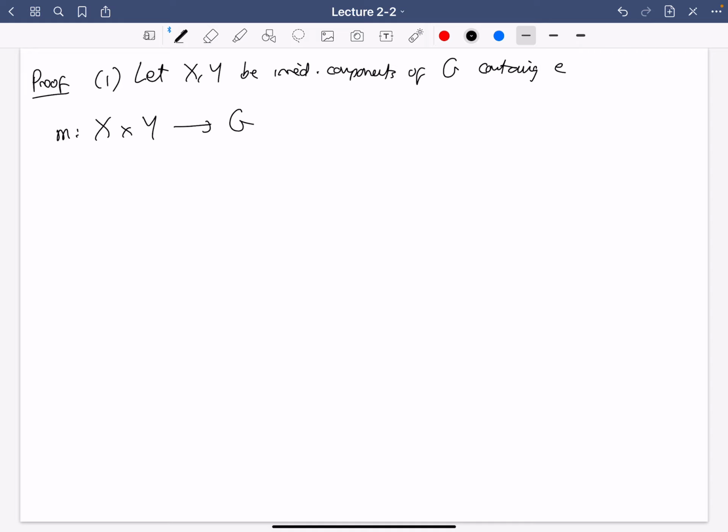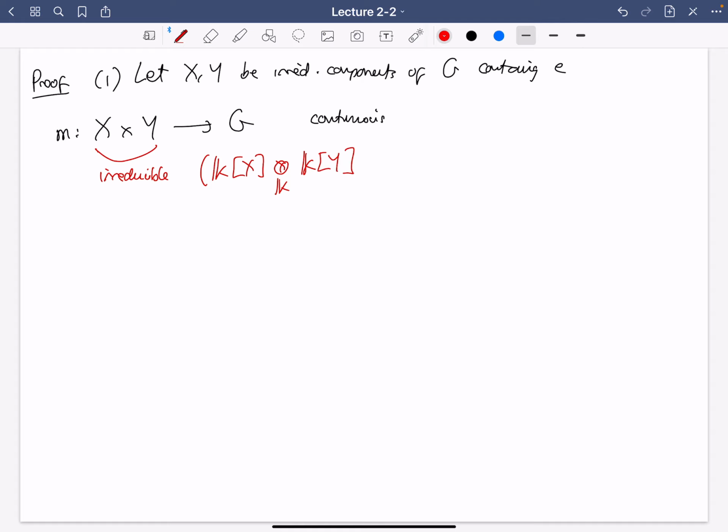That's just the restriction of the multiplication in G. It gives us a morphism of varieties, so a continuous map in particular, from X cross Y to G. Now, X and Y are both closed in G, and they're irreducible. So those are irreducible affine varieties. And I haven't said this before, but the product of two irreducible varieties is again irreducible. So X cross Y is irreducible. That's actually a purely algebraic fact, because the definition of product is really tensor product of coordinate algebras.